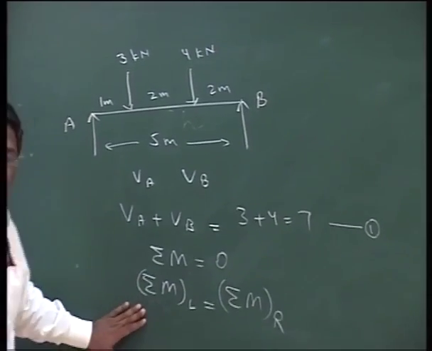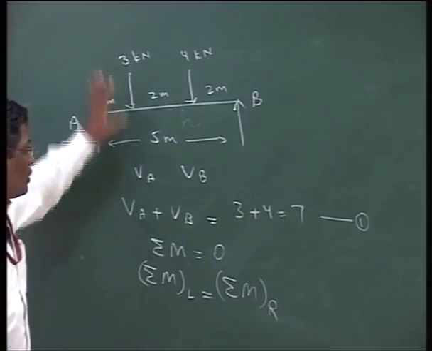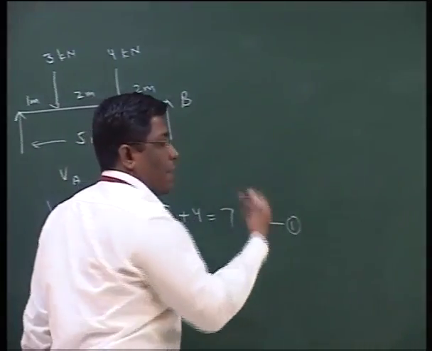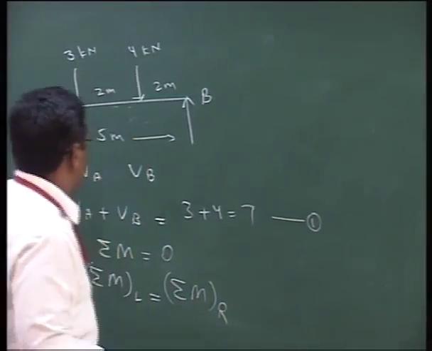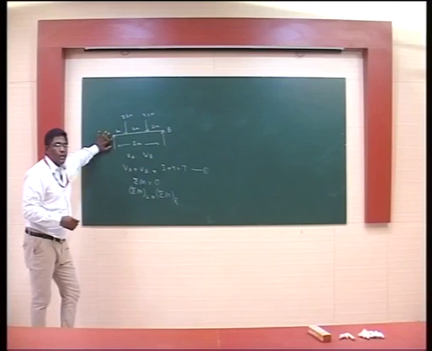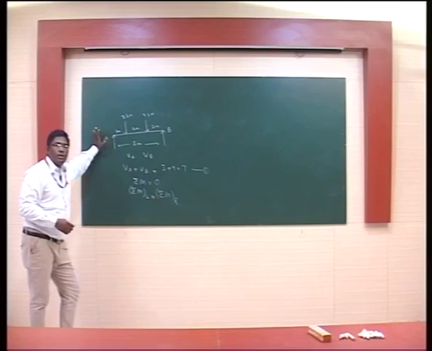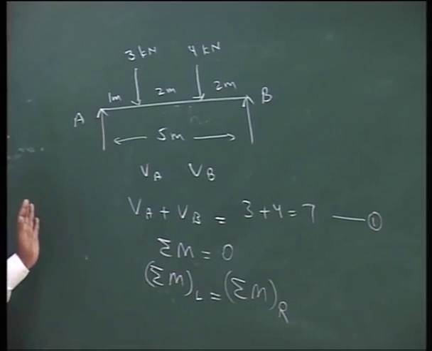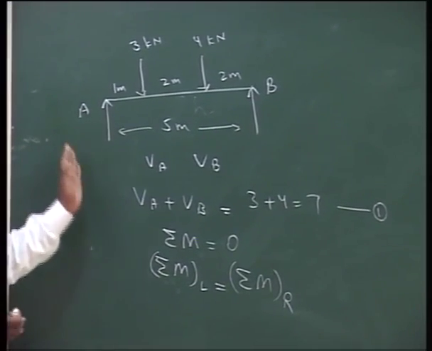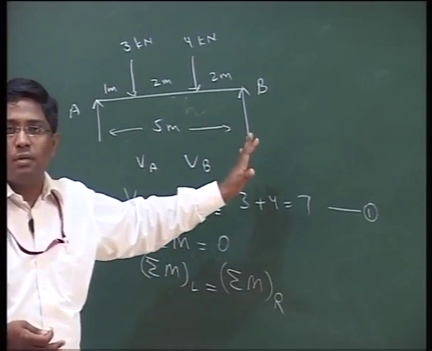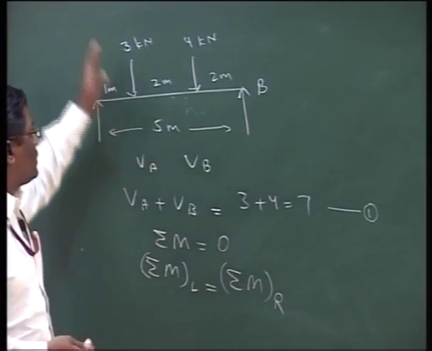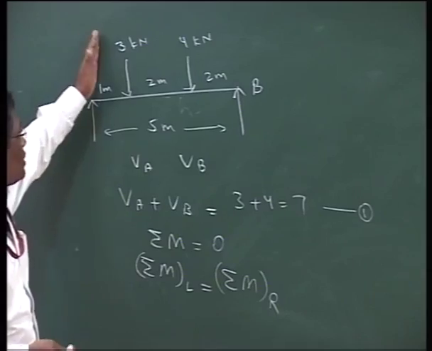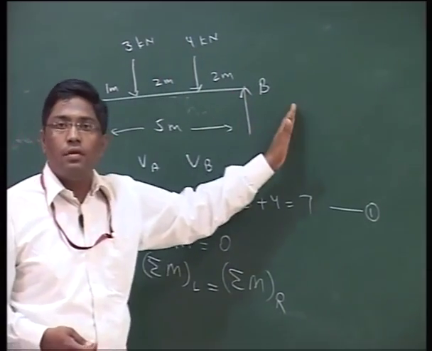So we will use this formula to determine the magnitude of VA and VB. If you talk about point A, on the left portion of it there is no force because there is no beam structure, whereas on the right side the complete beam is situated, which has the forces VA, 3 kilonewton, 4 kilonewton and VB.